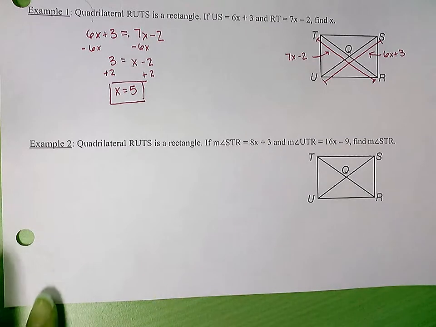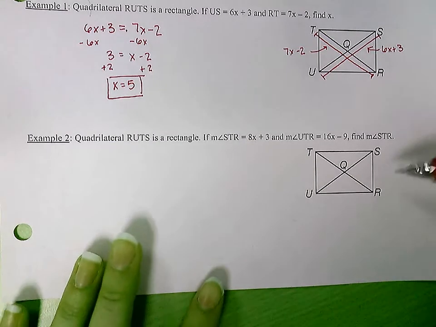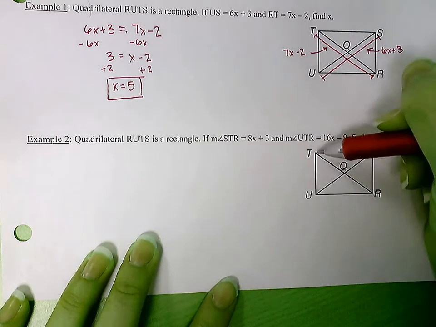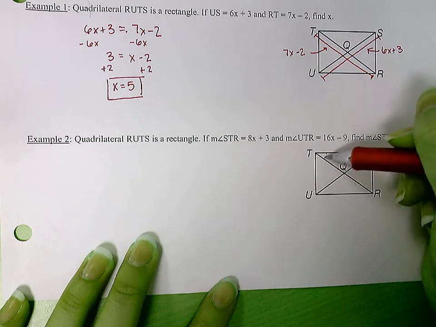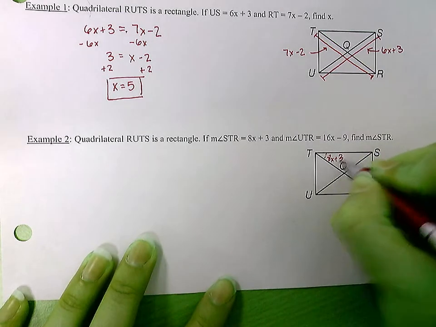Okay, second example, we have quadrilateral RUTS. Again, this one at the right here is a rectangle. We're given that the measure of angle STR, this angle right here, is 8x plus 3.